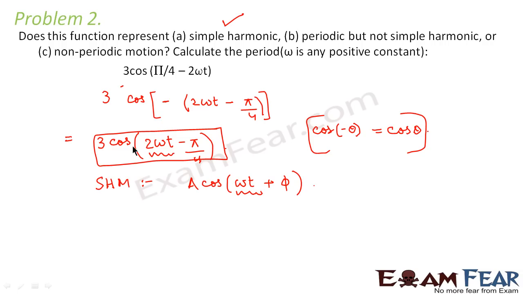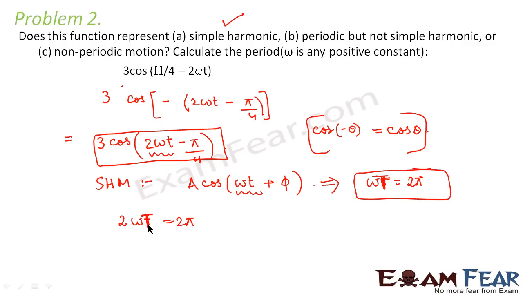So in this case, 2 omega t is equal to 2 pi, because normally in the general equation we say that omega t is equal to 2 pi. So in this equation it becomes 2 omega t is equal to 2 pi. So we can say that the time period is equal to pi by omega.